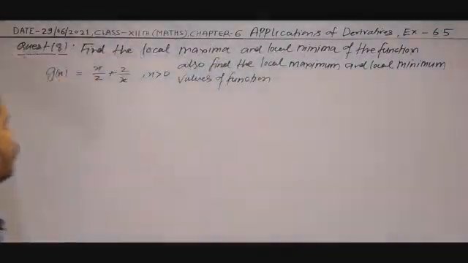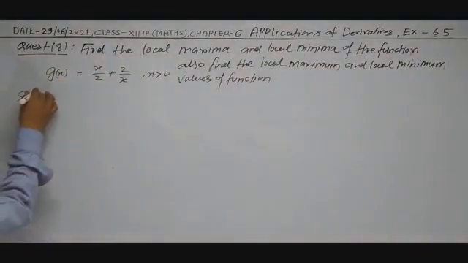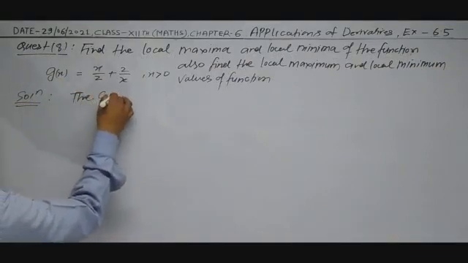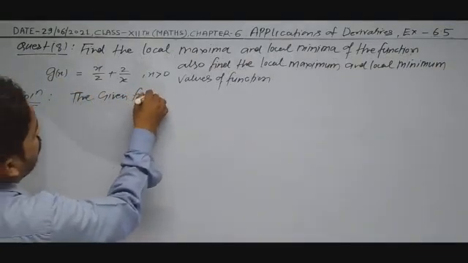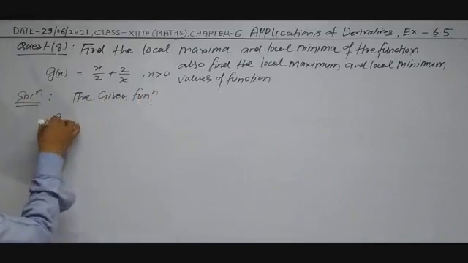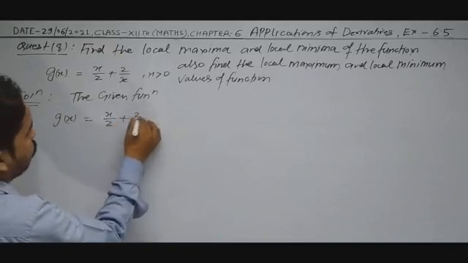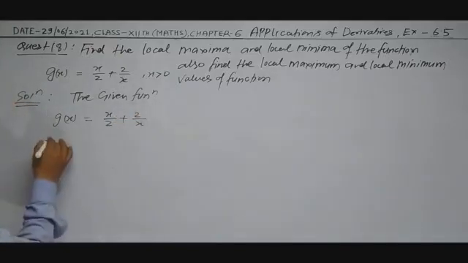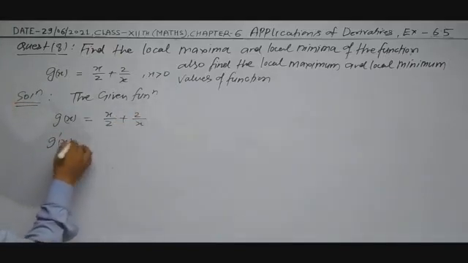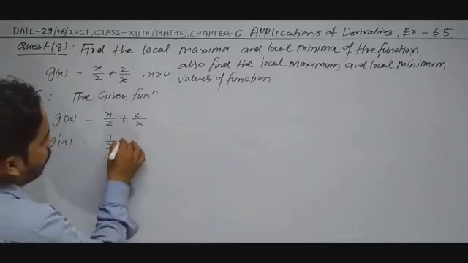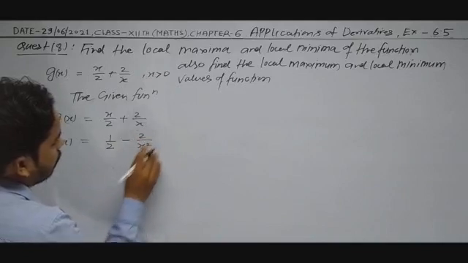So now see the given function g(x) is equal to x by 2 plus 2 by x. First of all you have to differentiate this function. Result will be 1 by 2 minus 2 by x square.